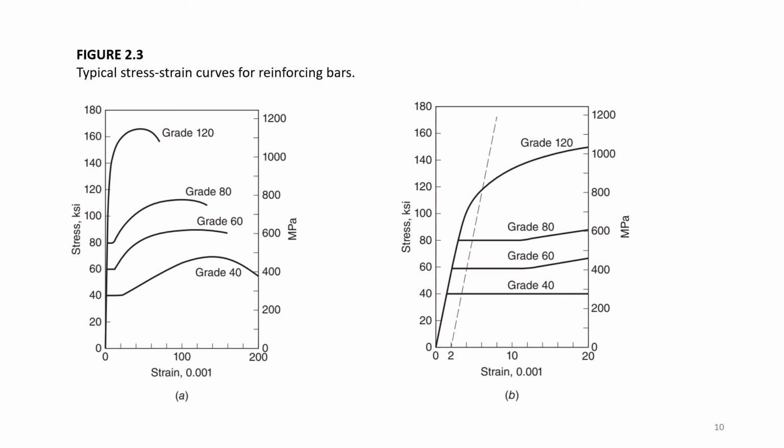That's why we will be using these as values taken directly from memory or from the text, and we will use grade 60 or 70 or 50, and the modulus of elasticity as 29 into 10 to the power 6 psi. This much we should remember at this stage about steel.